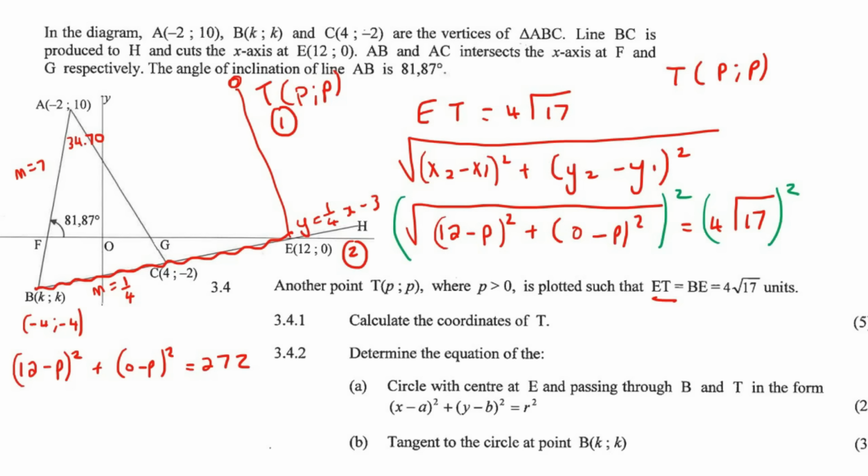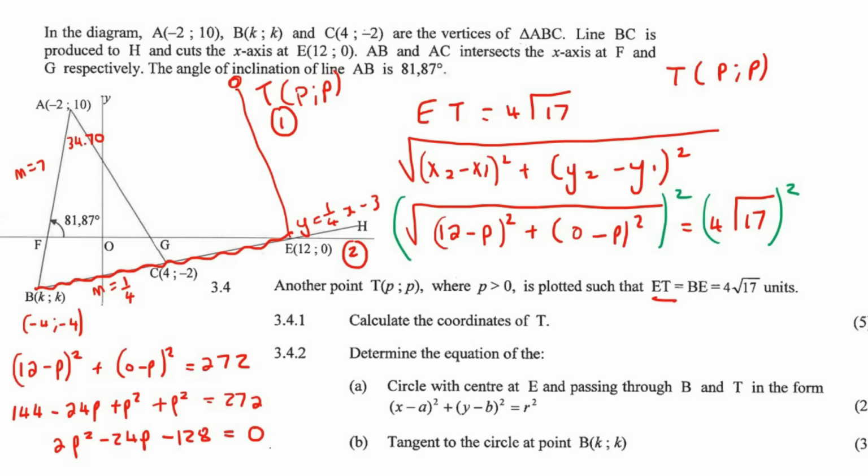Now we're just going to solve. So I'm going to multiply this out here. So this would eventually give us that, and then this would just become positive P squared equals 272. And now it's just a matter of solving. So we end up with 2P squared minus 24P, and then 144 minus 272 is minus 128.